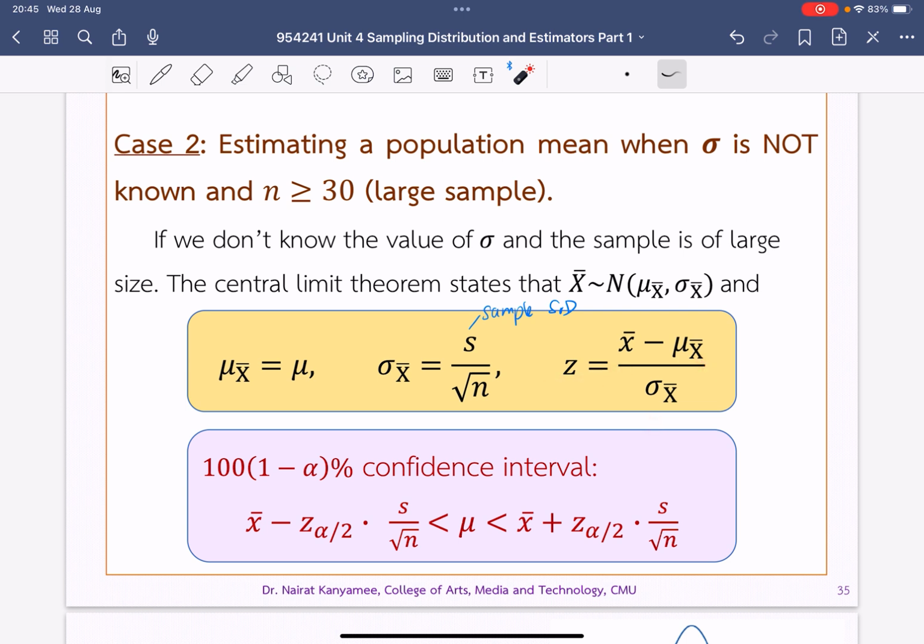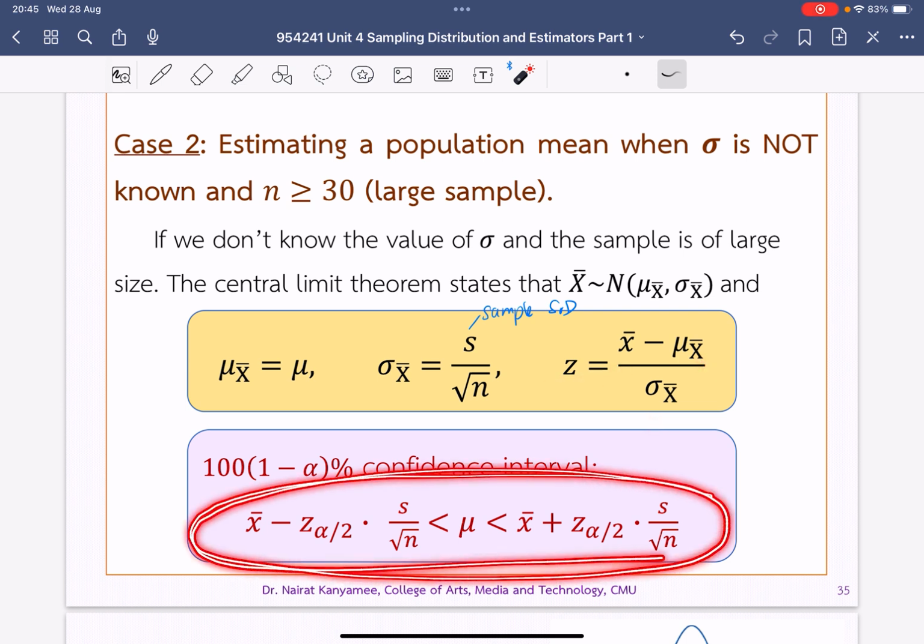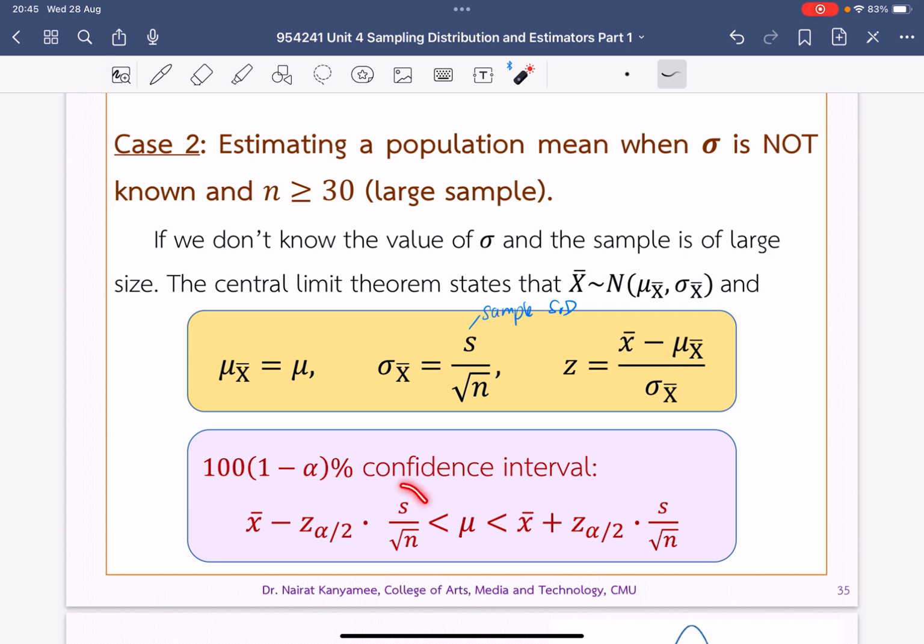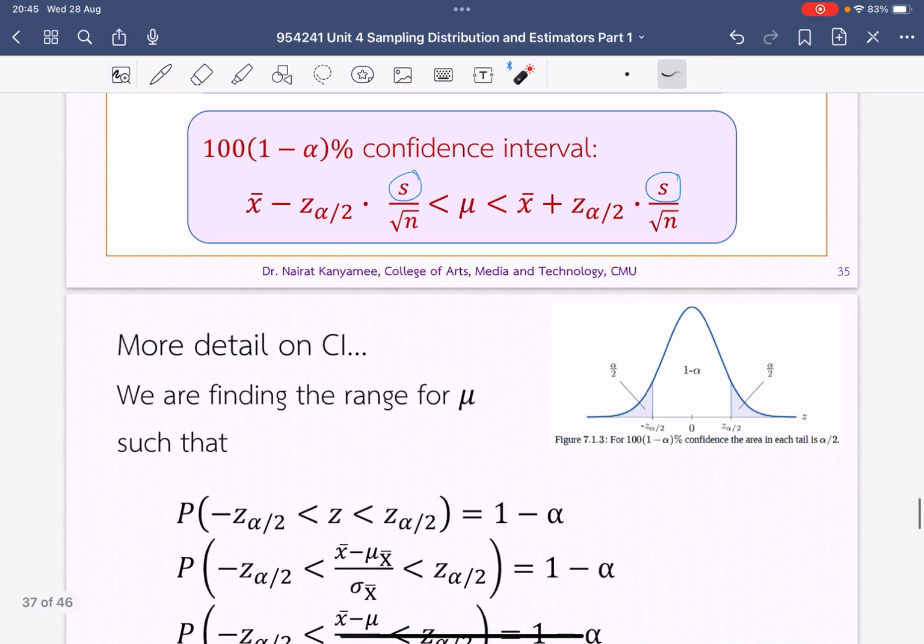In this case, the confidence interval is quite similar to case 1 except for this part. The thing that changes is this s value. Instead of sigma, we use s. The rest is the same.